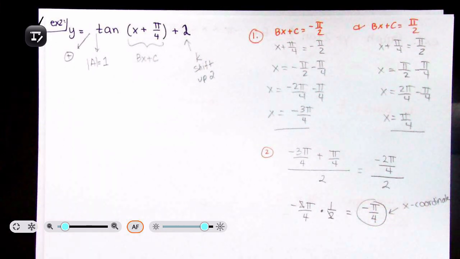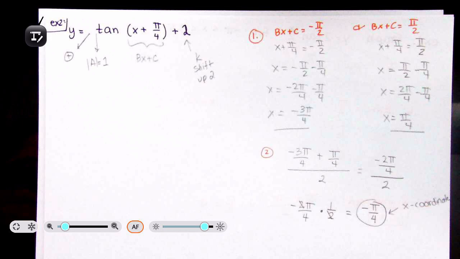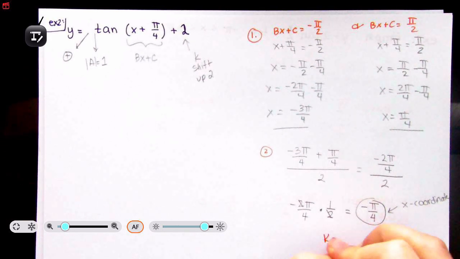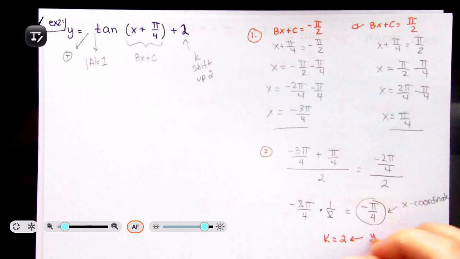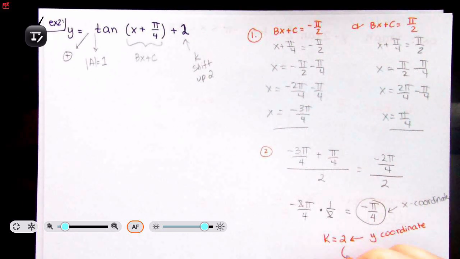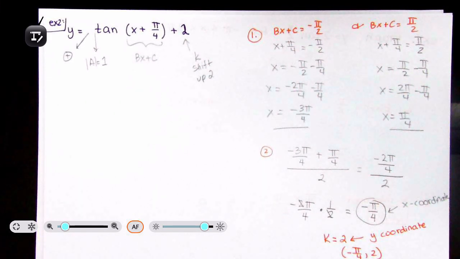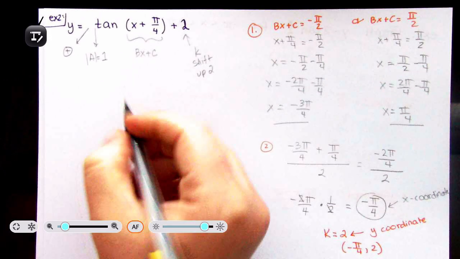And because we have a k value, our y coordinate is going to be our k value. So I have negative pi fourths, comma, 2. Okay, like we did last time, right about step number 3, that's where I want to start graphing.